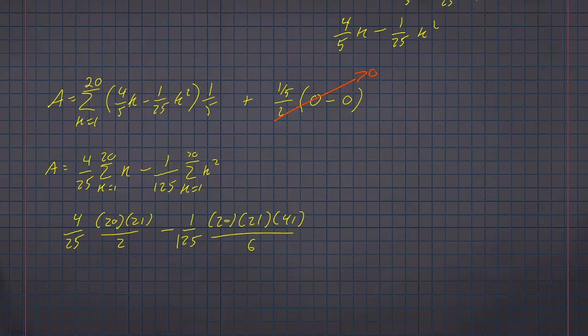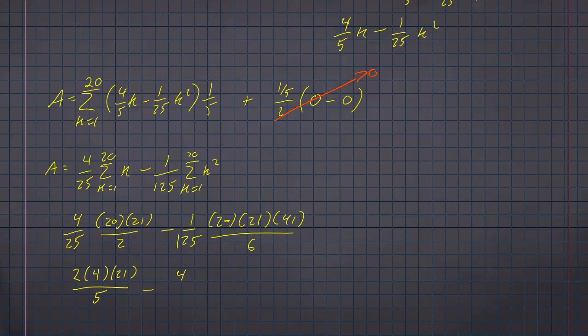We can punch that into a calculator right now, or we can play around a little bit with reducing fractions. So we've got a 4 over 2, which is going to leave me with a 2 in the numerator. We've got 20 over 25, which is going to leave a convenient factor of 4 in the numerator and 5 in the denominator. And on the second one, we've got the common factor of 5 again.